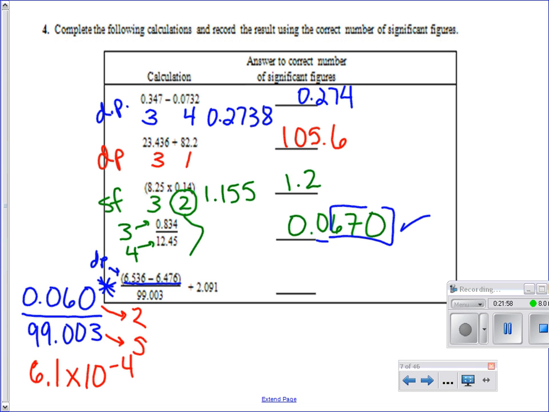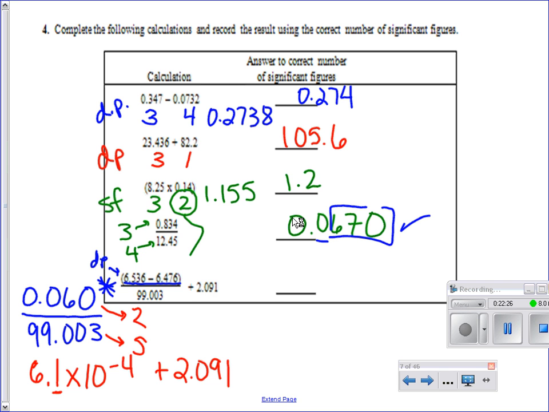That's 2 sig figs. Now we're going to add it to 2.091. How many decimal places am I going to round to? 3. Someone didn't get caught. You know what most people try to say? They're thinking this is a decimal place and they're going to round to 1. Why is that wrong?